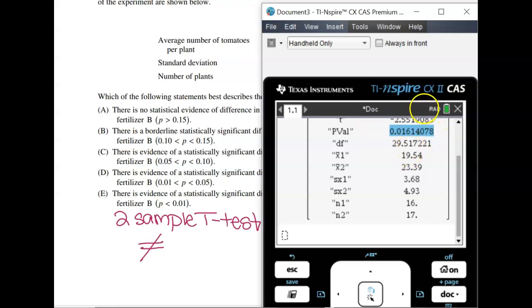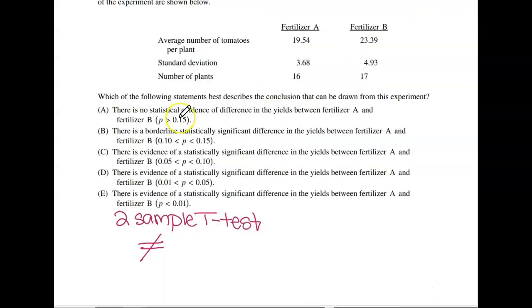Now if we look at this, we can come up and look at the different p-values that they gave us in part A. I'm going to write this down. My p-value was 0.016.